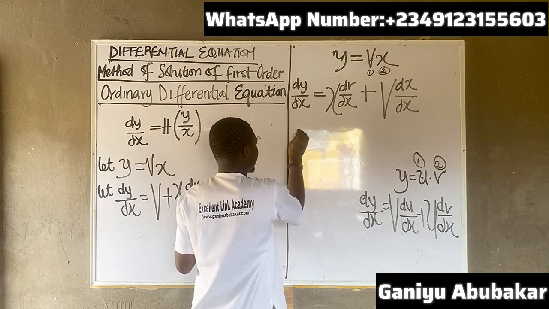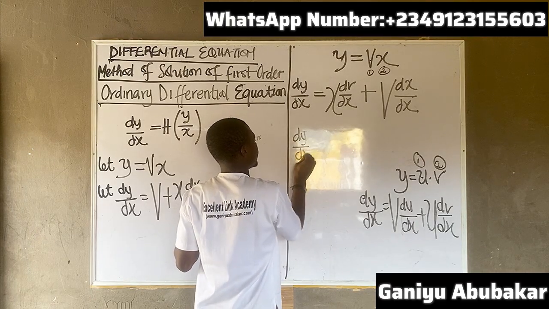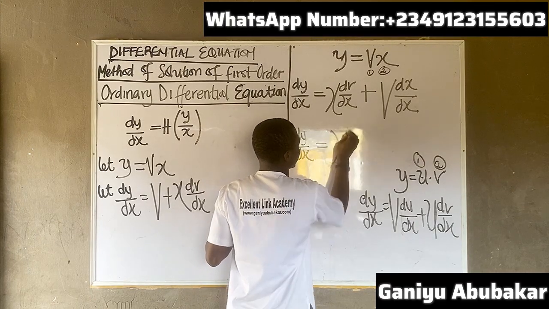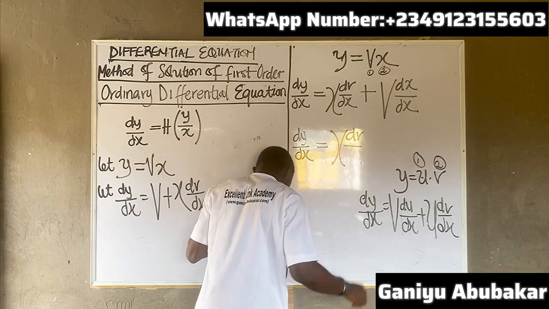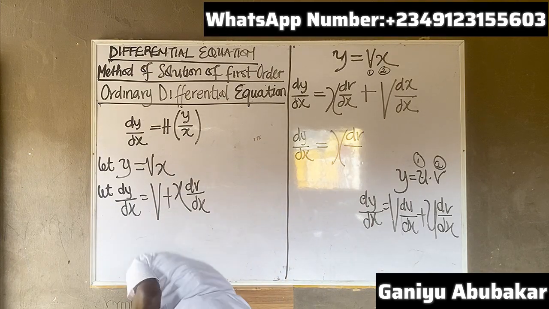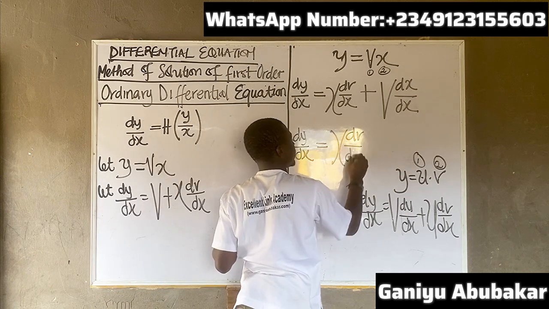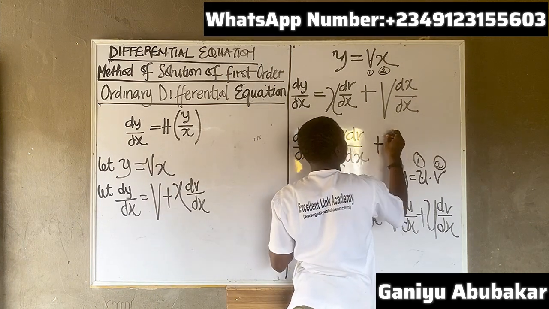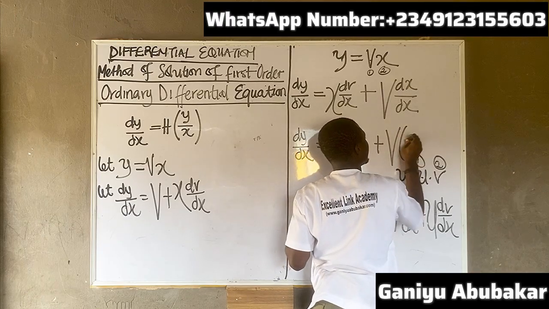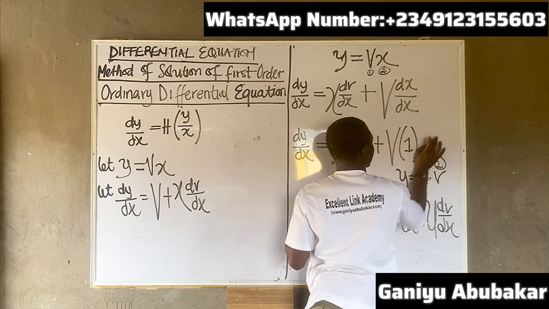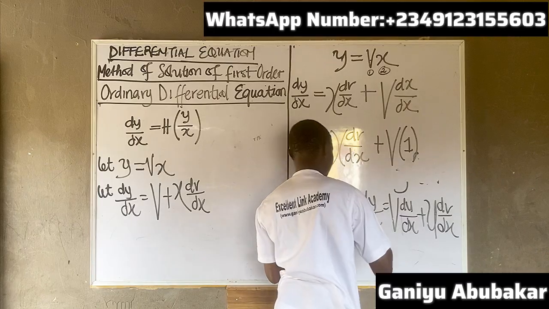From here, I have that dy over dx is equal to x dv over dx plus v times dx over dx, which gives you 1.